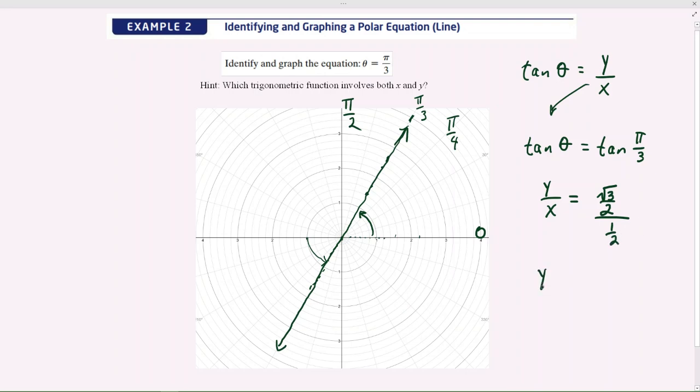Okay, so y over x is equal to the square root of 3.